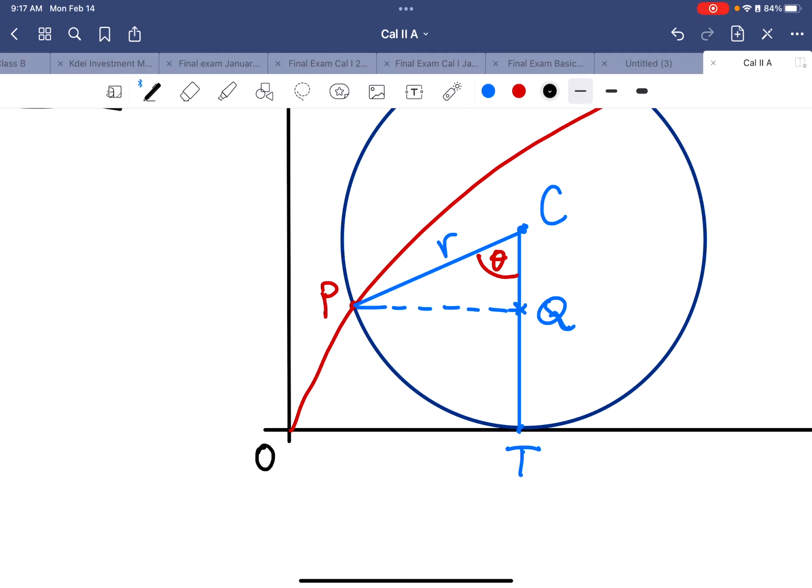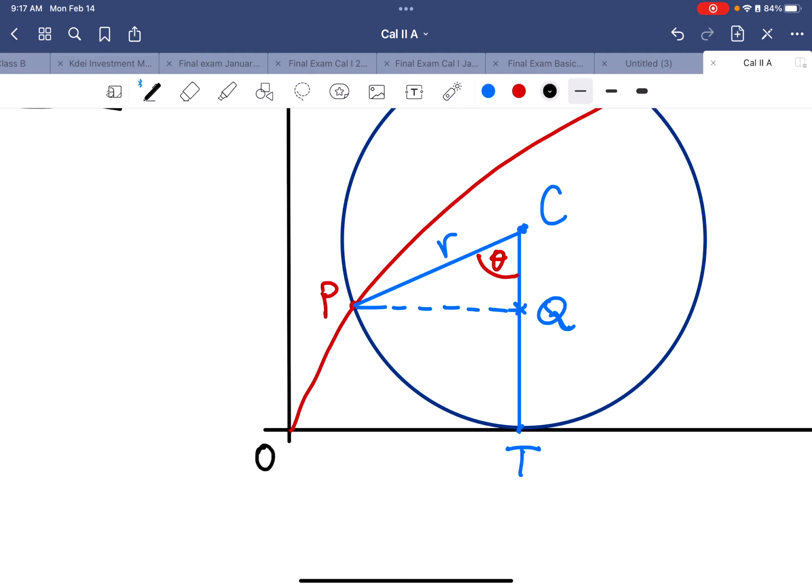So the idea here is we want to know how the cycloid moves, or the position of the cycloid in terms of the radius and in terms of theta, if we can observe and maybe identify all the distances here.